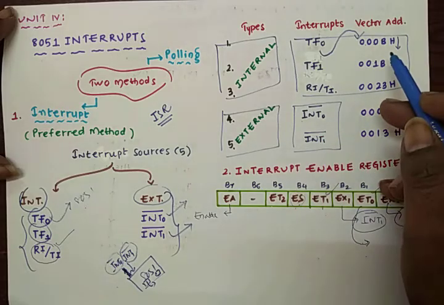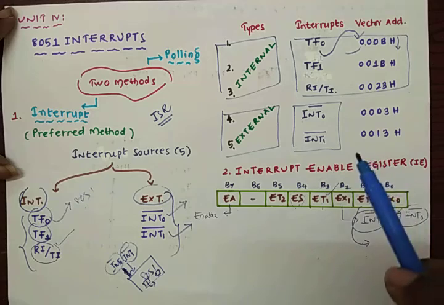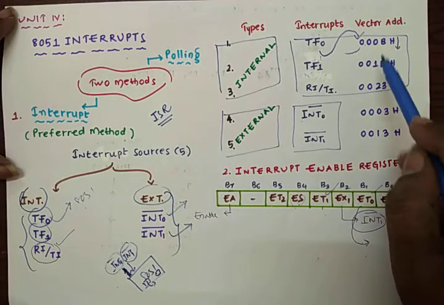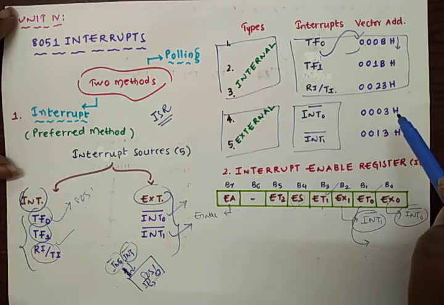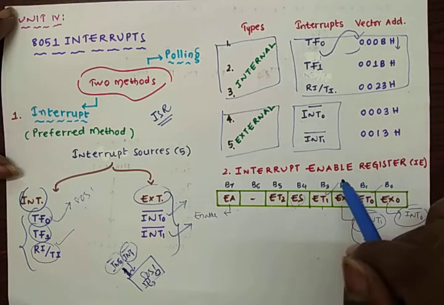After executing those instructions, the program control comes back to the main program. A vector address is nothing but the address where the interrupt device instructions reside.